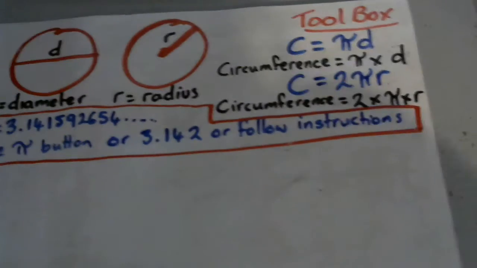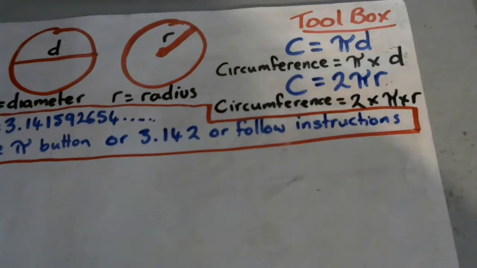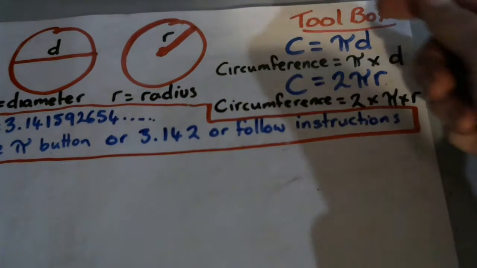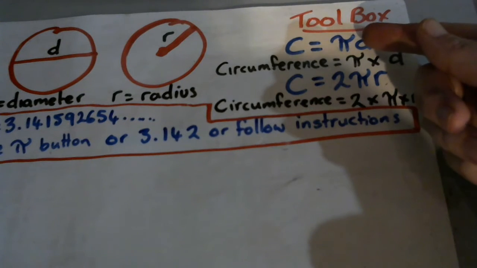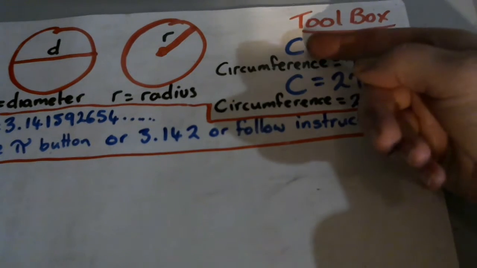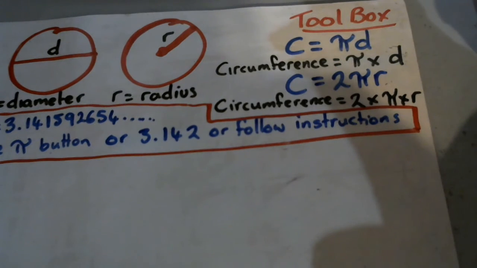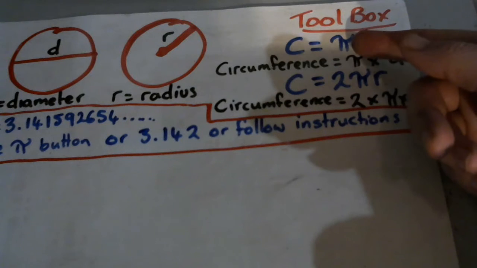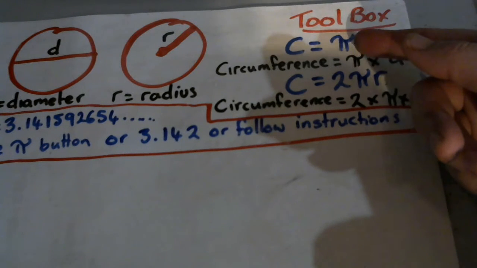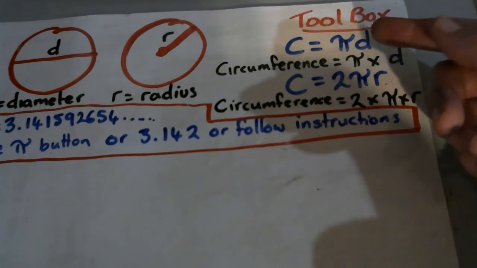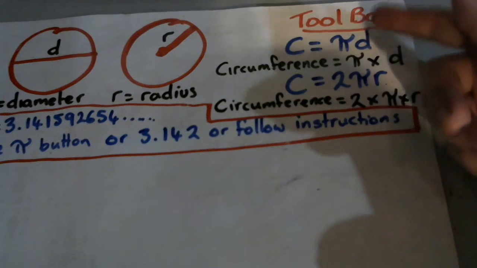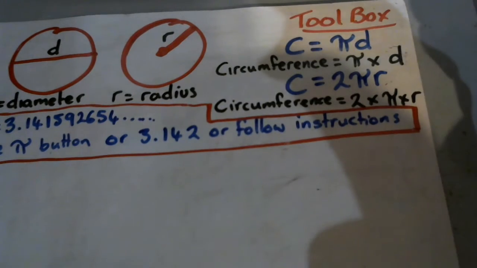So that's why this formula came about. If you find the measurement of the diameter and you multiply it by just over 3, you will find the circumference of that circle. We can use pi instead of that 3 and a bit, because it's more precise. So pi times the diameter will give us the circumference.